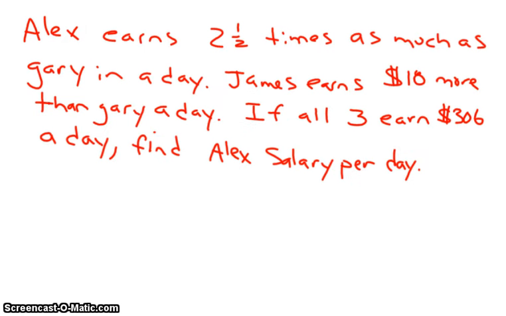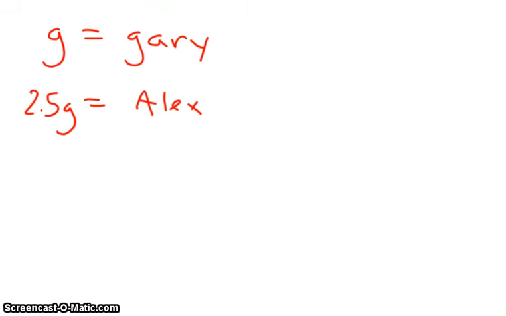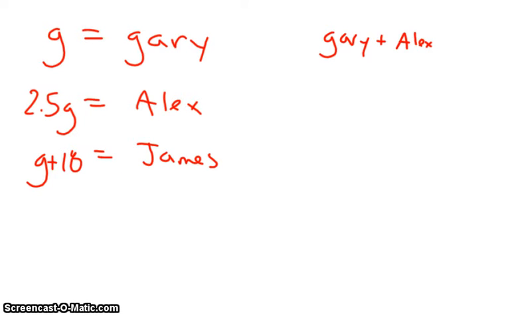Let's go back and check out the rest. It says that James earns $18 more than Gary. So G plus 18 is James. And we also know, because they told us, that Gary plus Alex plus James equals 306.